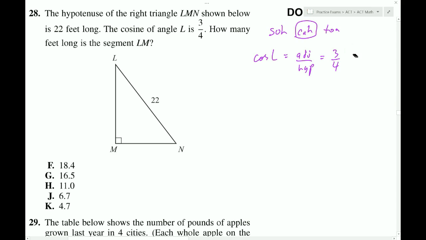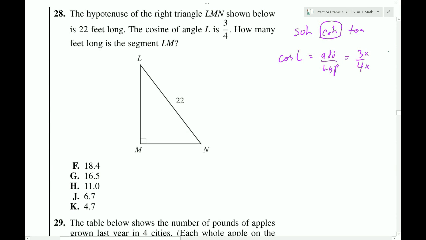So what you might like to do is call it 3x over 4x, where x is some factor that sort of got canceled out. So then we can label the sides from L's perspective, right, because we're doing cosine of L. So adjacent would be 3x, so this is the 3x side, and then hypotenuse would be 4x, so this is the 4x side.